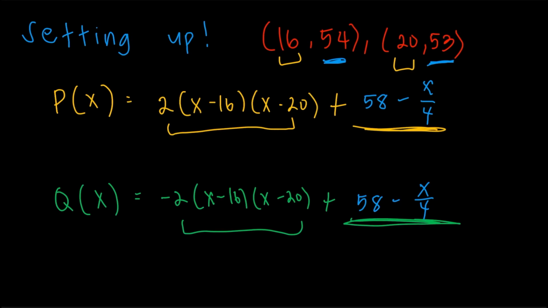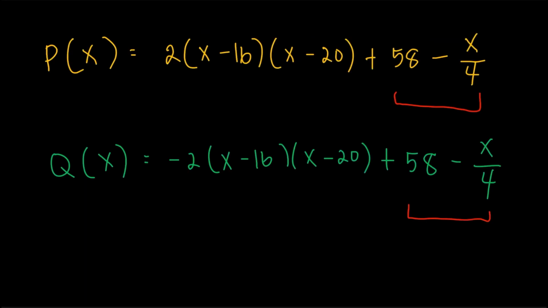Now that we have the p(x) and q(x) setup, it's really just a matter of substituting x in. What's nice is that the first part, 2 times (x minus 16) times (x minus 20), and the corresponding part in q(x) are exactly the same. No, they are opposites, sorry. They are opposites of each other.